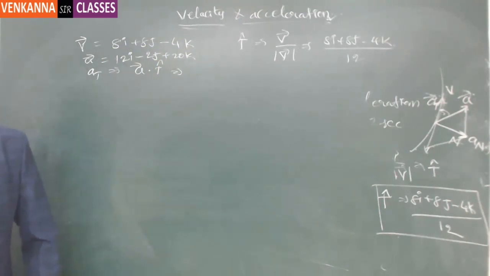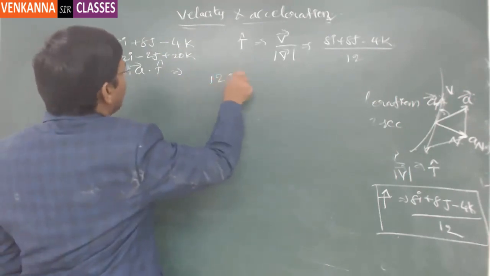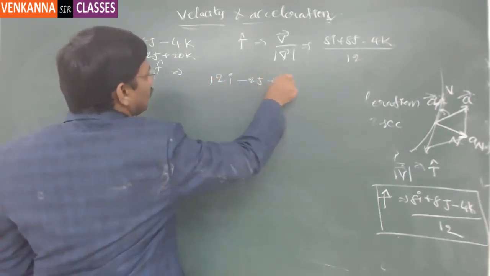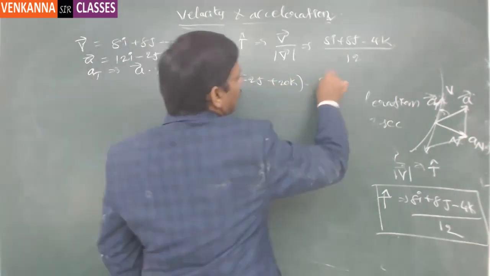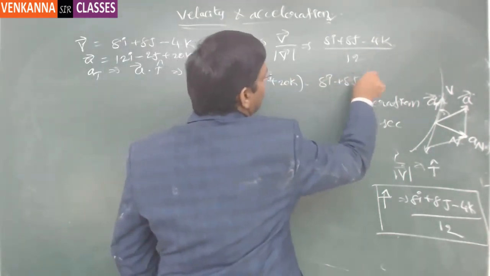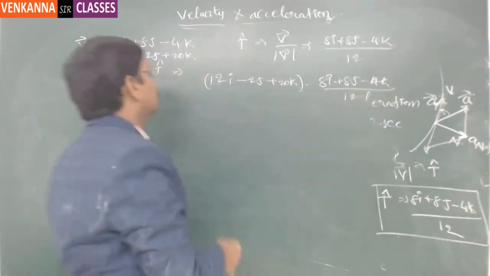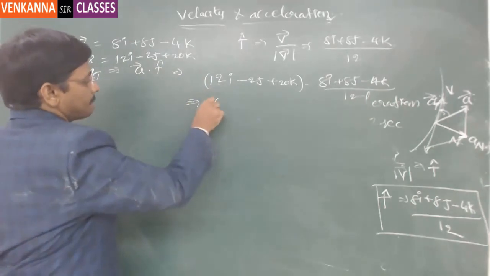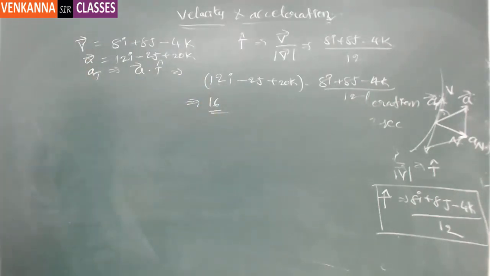So the tangential component will be 12i minus 2j plus 20k dot product with the t cap. So t cap is 8i plus 8j minus 4k divided by 12. So I think this is coming as 16. Got it? Yeah, this is coming as 16.